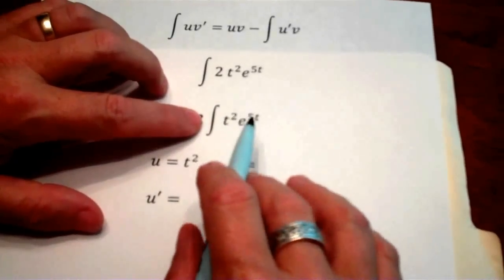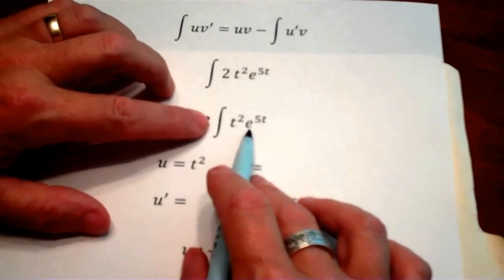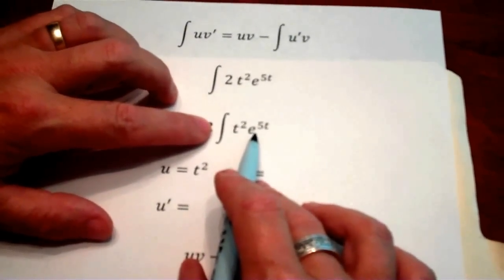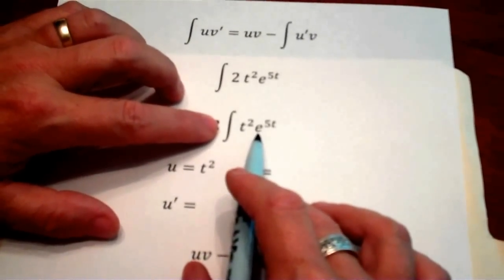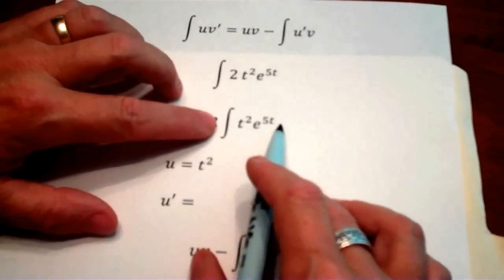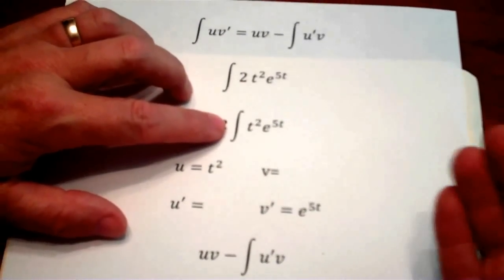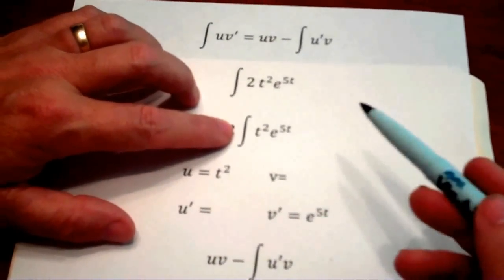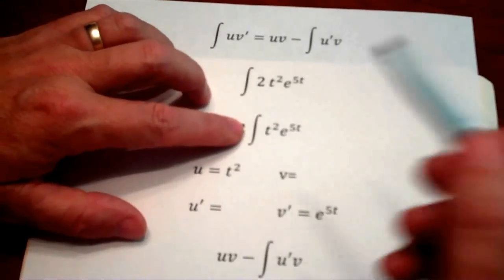If I try to take the derivative of e to the 5t to make one of my terms simpler, easier, and even better if I can get one of the t's to go away, this doesn't help at all because the derivative of e to the 5t is e to the 5t, but then I even have a times 5, the derivative of what's inside. So if I take the derivative, I actually make that more complicated. So that's definitely not what I want to use for my u.